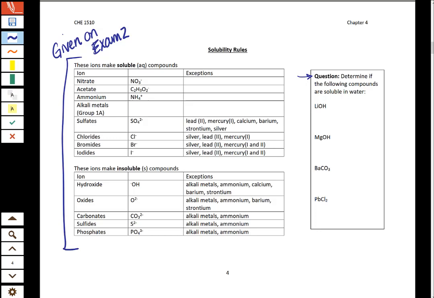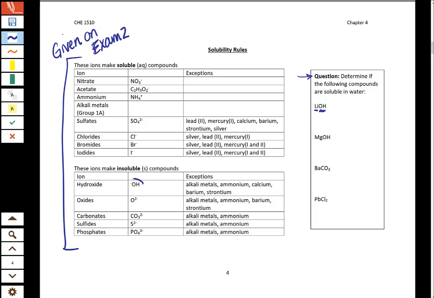So we want to figure out if these compounds that are listed here are soluble in water. So let's start with lithium hydroxide. Oftentimes, there are two ways to solve these questions. You could either look at the lithium or you could look at the hydroxide, and both will get you to the right answer. So let's pretend we're looking at hydroxide.